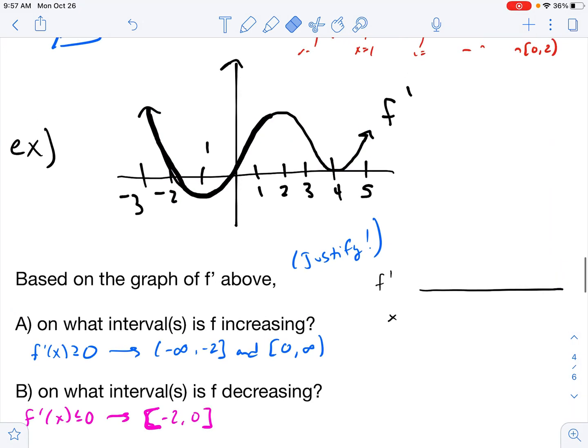That's where the first derivative is 0 or undefined. Well, this graph is never undefined, but the graph is 0 here and here. When it touches the x-axis, that's when it equals 0. The y value of that graph is 0. So the critical points are at negative 2 and 4, and I missed one. Where's the other one? Hopefully you see it at 0 there, right? That crosses at 0 too.